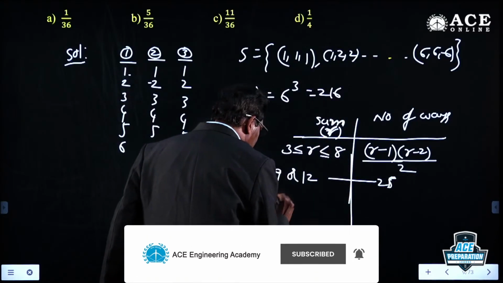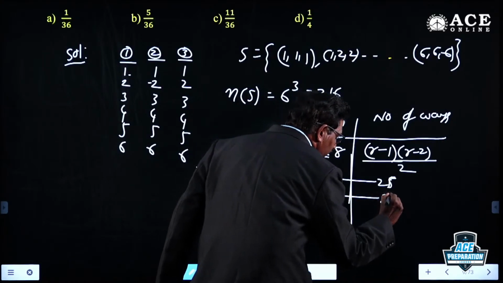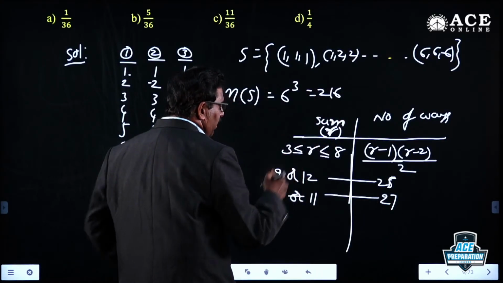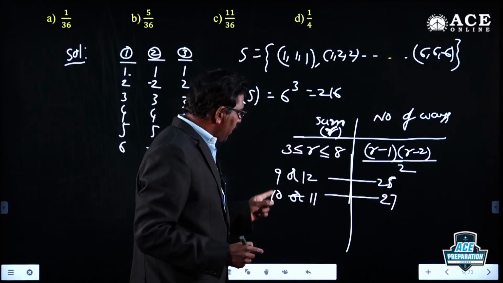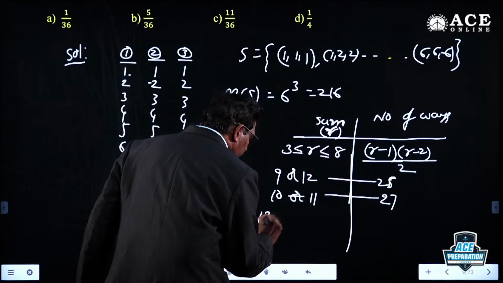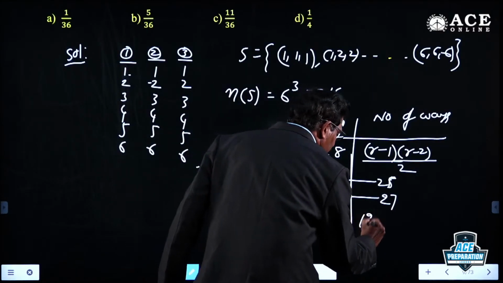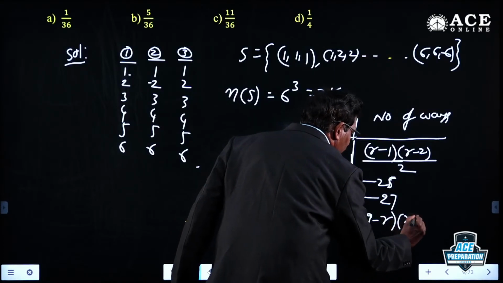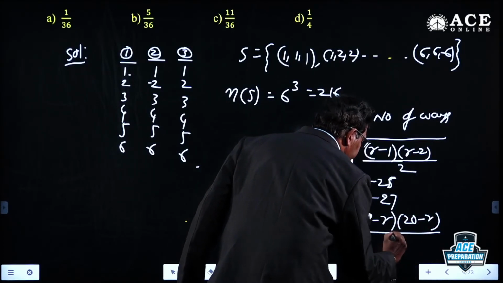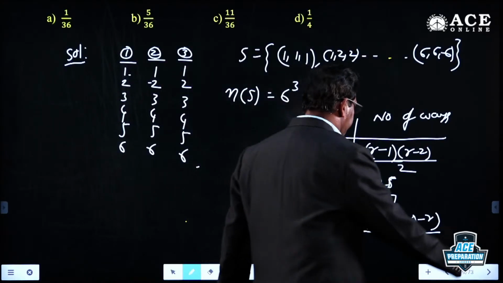If the sum is 10 or 11, there are 27 ways. So 3 to 8 is completed, and 9, 10, 11, 12 is completed. Now for 13 less than or equal to r less than or equal to 18, the formula is (19 minus r) into (20 minus r) by 2.